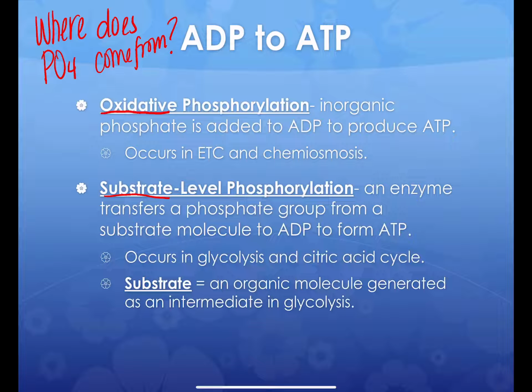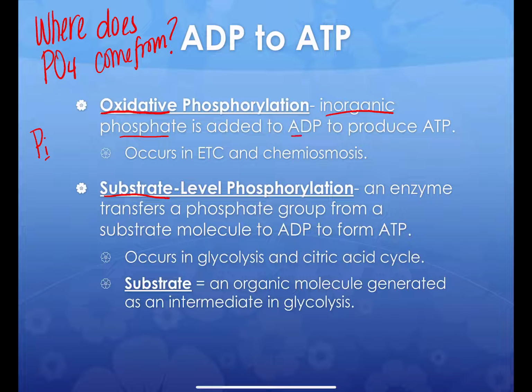So in oxidative phosphorylation, the phosphate comes from inorganic phosphate that's just available in the cell. Okay? So you will see this in diagrams written as Pi, because it's inorganic phosphate. That's what the i stands for, inorganic. And so it's just phosphates, ions that are available in the cell.